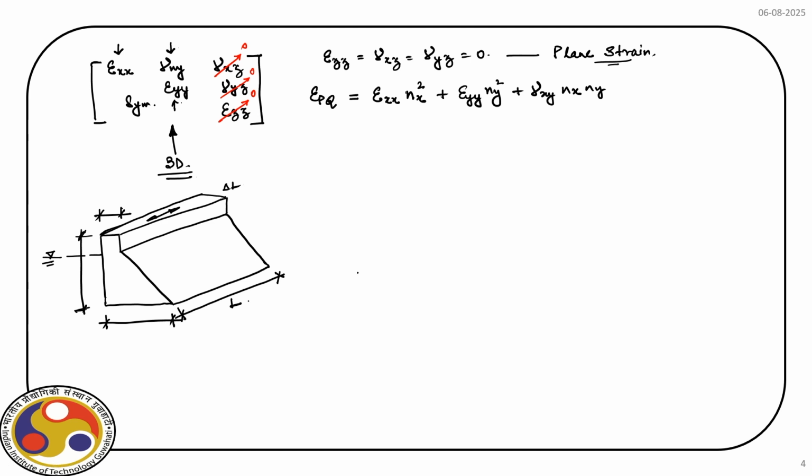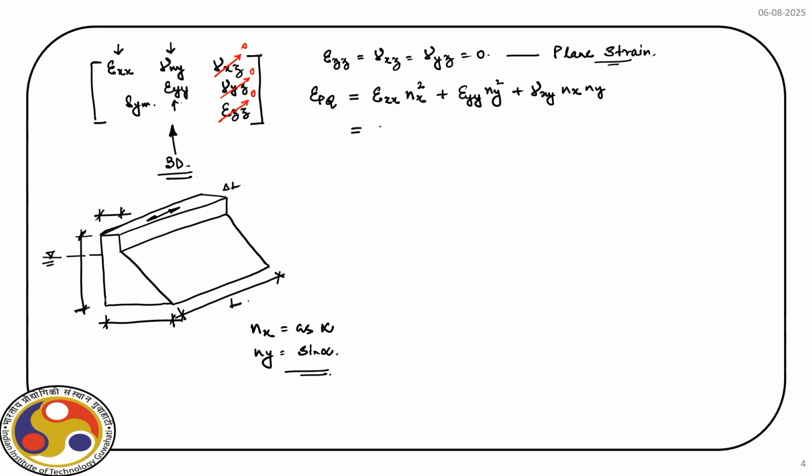And again we have nx equal to cos alpha and ny equal to sin alpha. This we explained earlier.